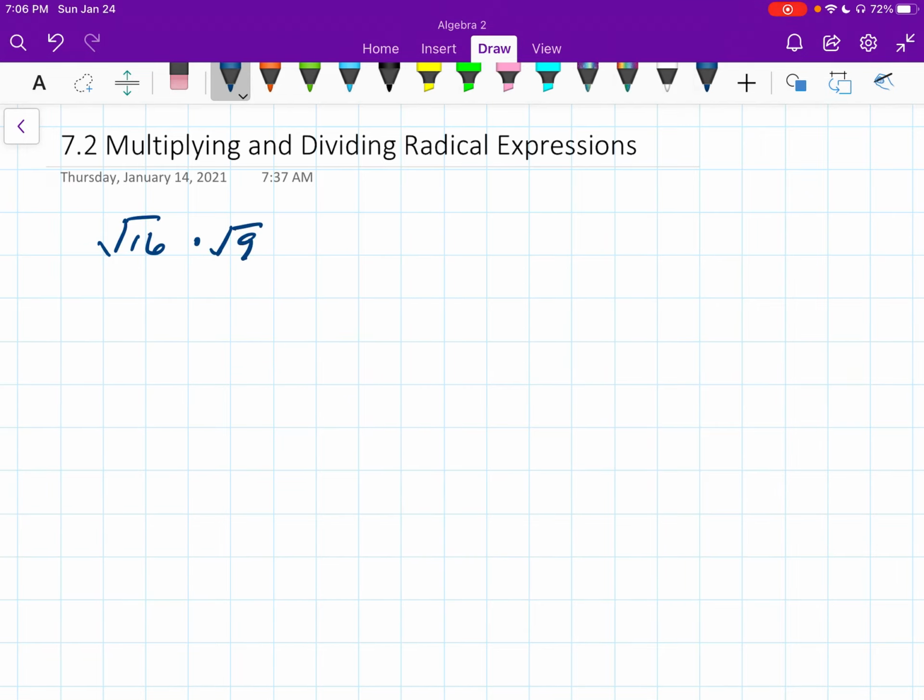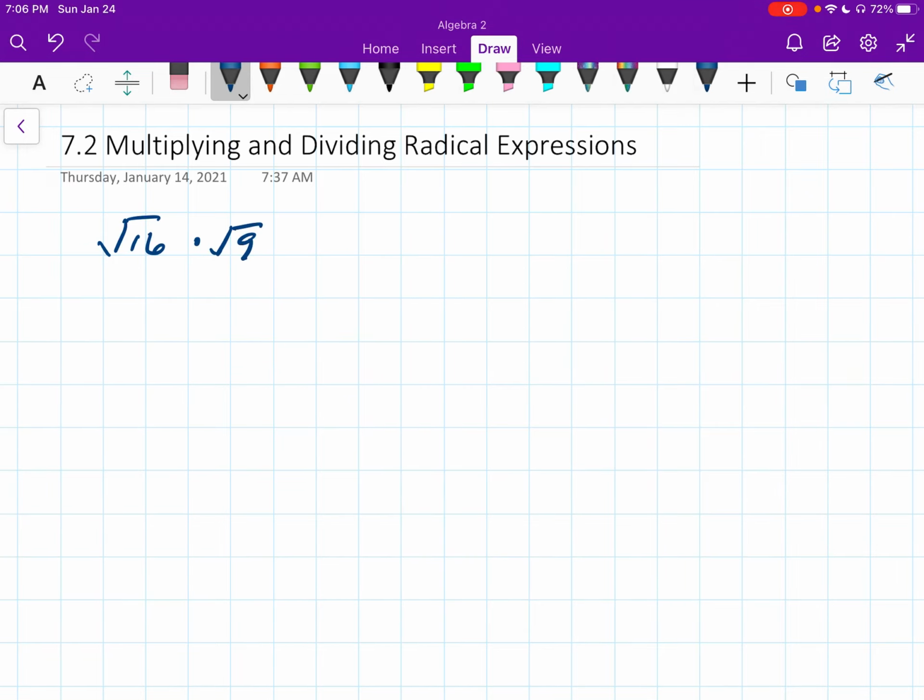And what a lot of this lesson is going to be about is that if the nth root of a and the nth root of b are real numbers, right?